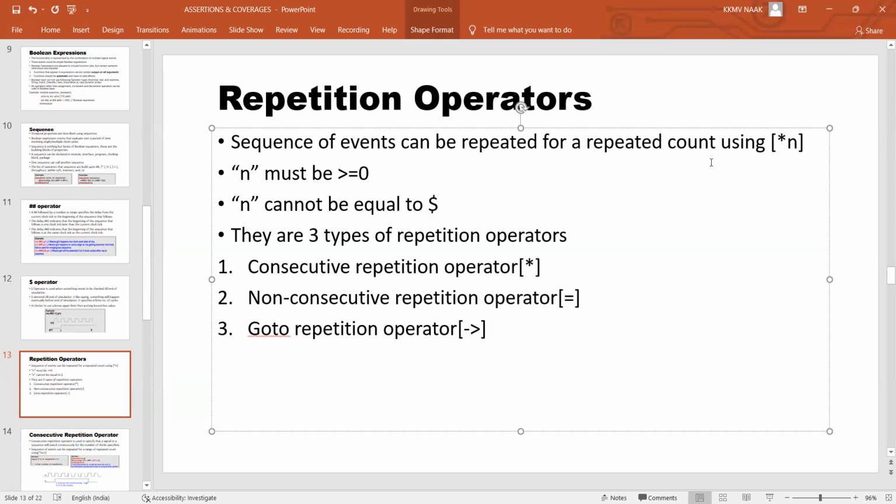The n value should be greater than or equal to 0, but it should not contain any negative values, and n cannot be the dollar operator. It means in repetition operators, you can't use the dollar operator. And what are consecutive, non-consecutive, and go-to? We'll see.